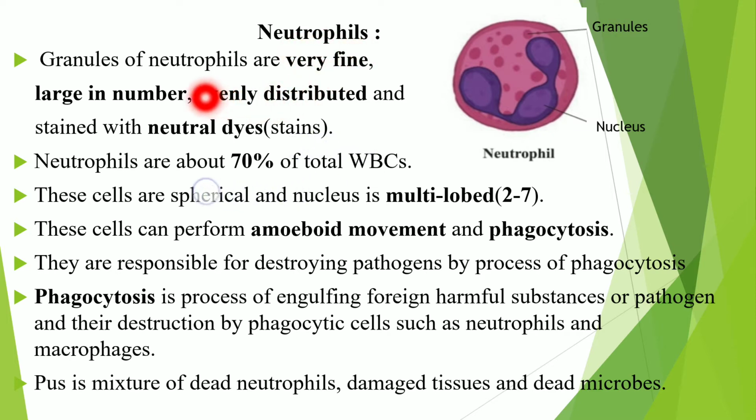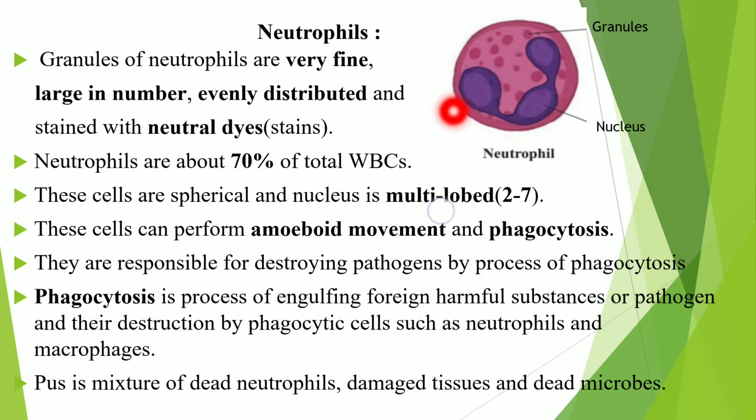So if you observe the granules in neutrophils, they are very fine, they are large in number, means they are many, and they are evenly distributed throughout the cytoplasm. Then these granules, they are stained with neutral dyes, or which we call as a neutral stains, and hence the name given neutrophils.